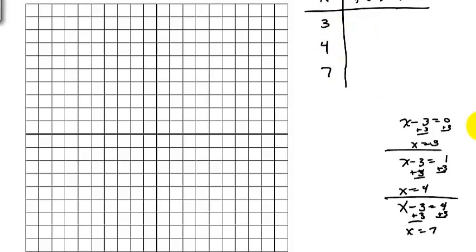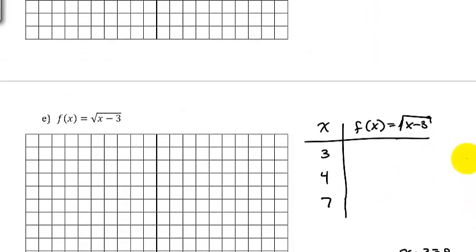So 3, 4, and 7 are going to be our points. Square root of 3 minus 3 is the square root of 0, or 0. Square root of 4 minus 3 is the square root of 1, which is 1. And the square root of 7 minus 3 is square root of 4, which is 2.